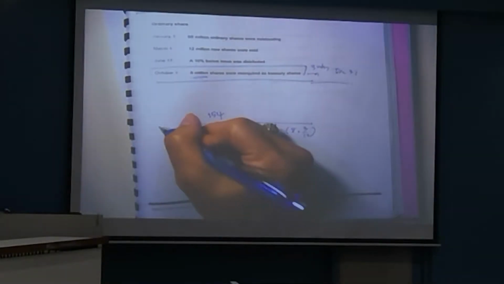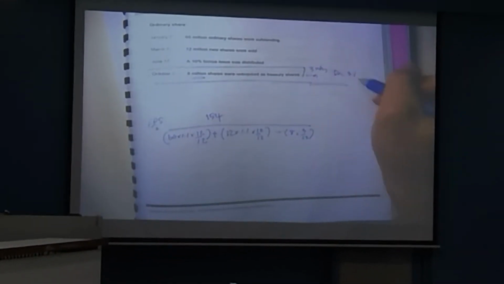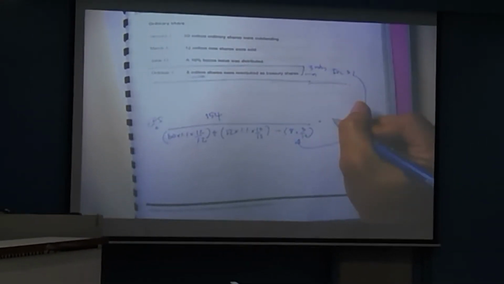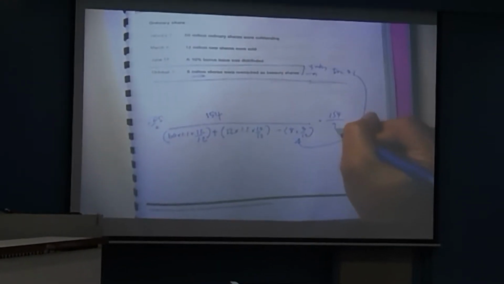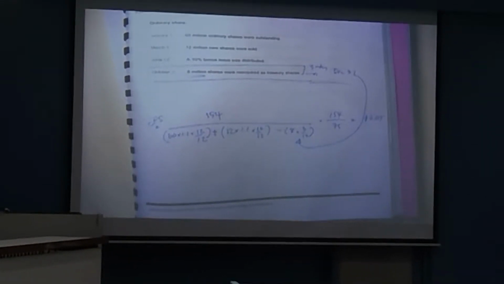And that's the way to do it for EPS, earnings per share. So this part comes to here. You're going to get 154 over 75. Finally, you got 2.05 as the solution. That's the problem related to the denominator.